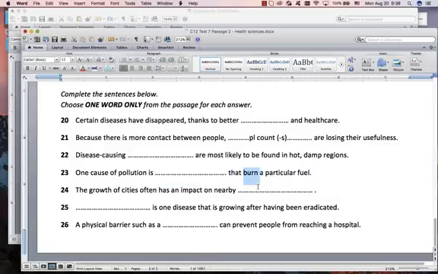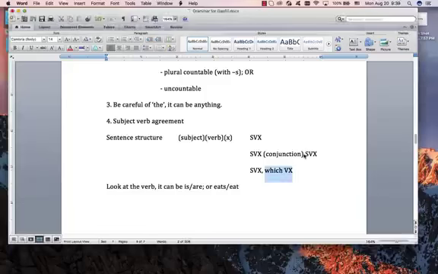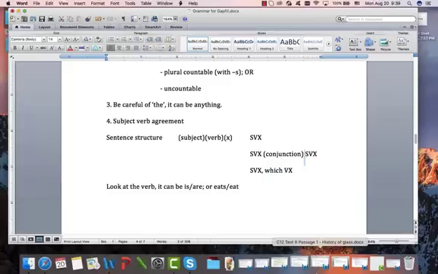So because this doesn't say burns, it says burn, no S, that means this is plural countable. So in this test, 3 of these you could find out that they were plural countable by looking at the verb. Great.